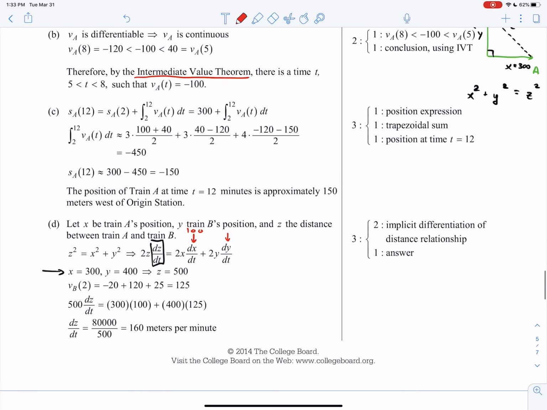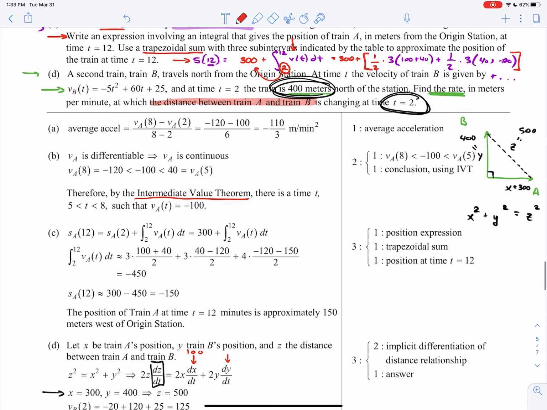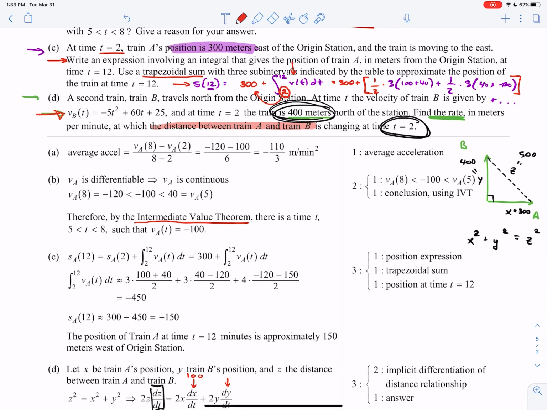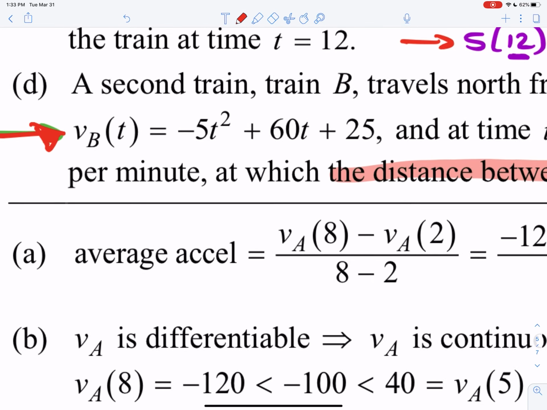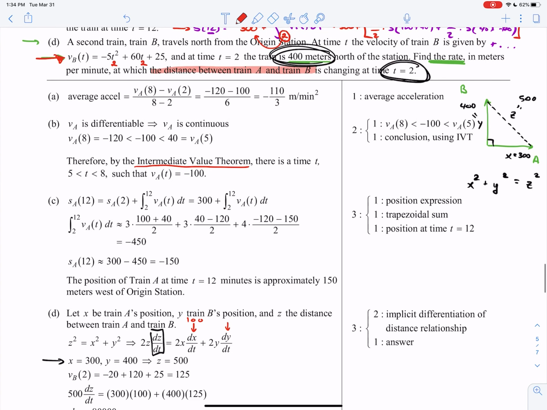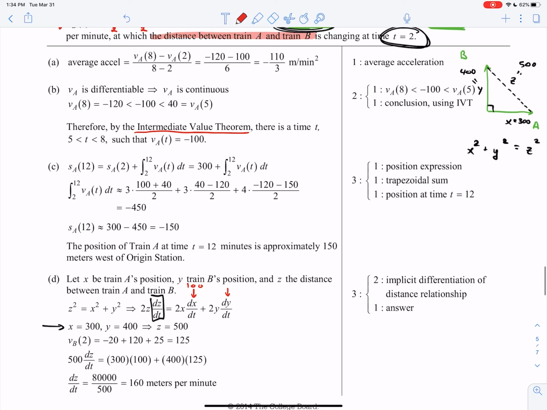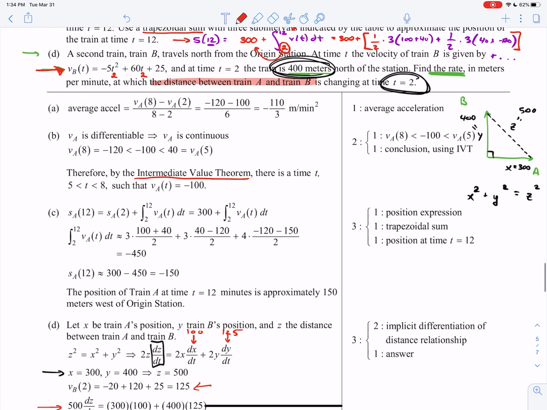Now dy/dt, the velocity of train B, is given by this equation. At t equals 2, if you plug in 2 for t and solve it out, you should get 125. Now we have every variable figured out except for dz/dt. All you have to do is isolate it, and you can leave it like that. They don't ask for units, so you're pretty much set.